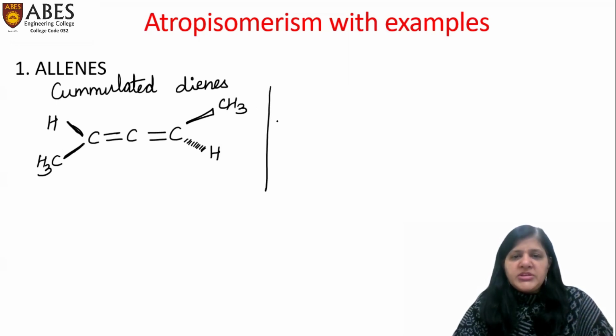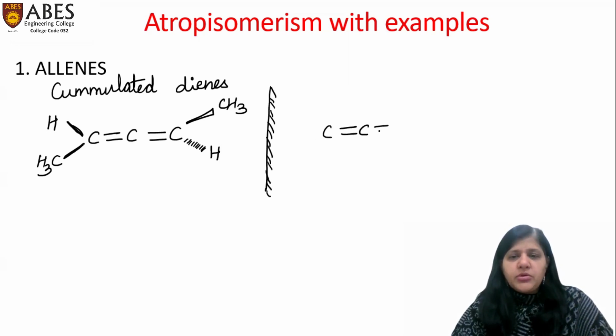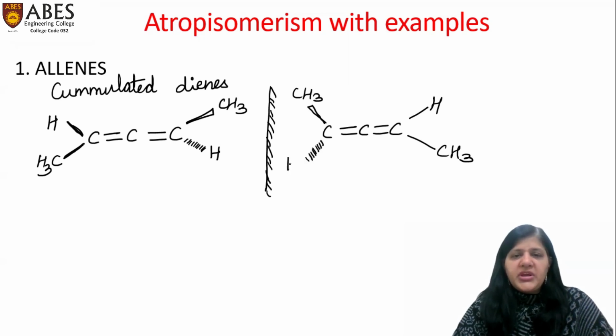The mirror image of this molecule is non-superimposable on it. This class of compound also shows the atropisomerism phenomenon, or optical activity without chirality. In this molecule, there is no chiral center, but this molecule is optically active due to asymmetry in the molecule.